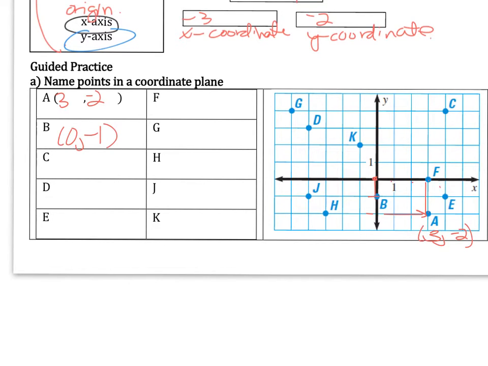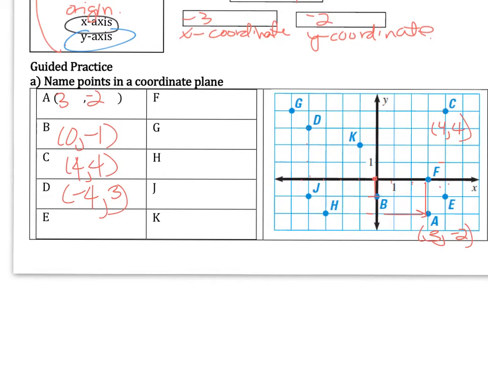For point C, the x-coordinate will be 4, and you need to move 4 units up, so that's the y-coordinate. For point D, -1, -2, -3, -4, and then 3 units up: (-4, 3).